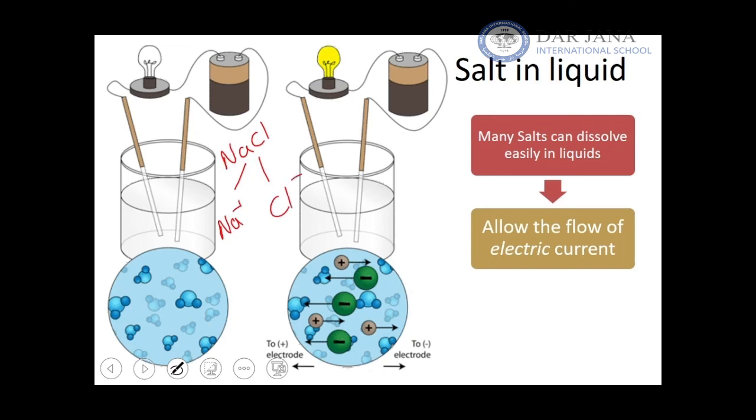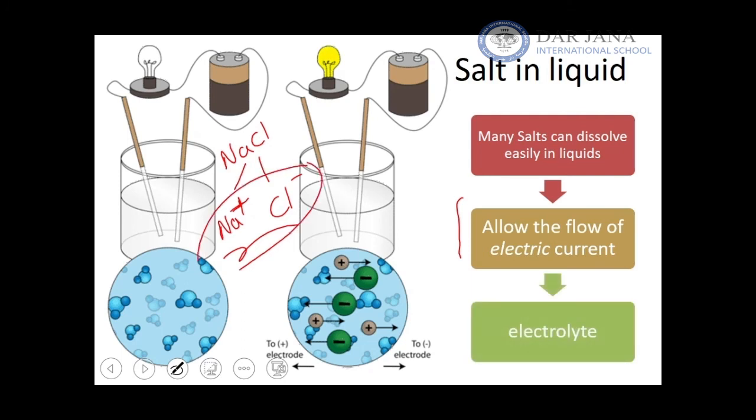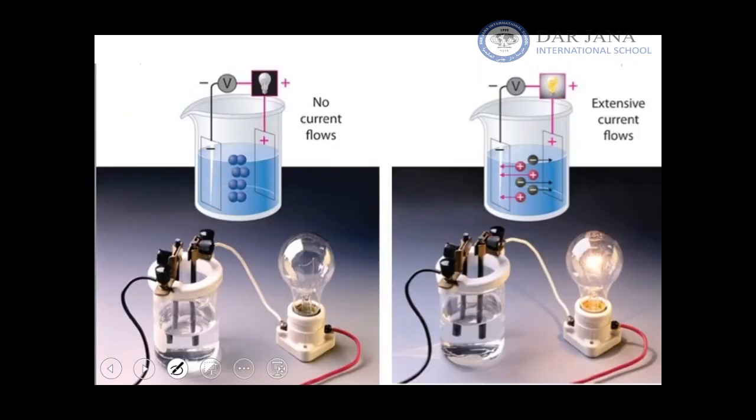These ions have electric charges, so they will allow an electric current to flow in the liquid. Once they are dissolved in the liquid, they are called electrolytes. Electro from electricity, so electrolytes let the electric current flow.